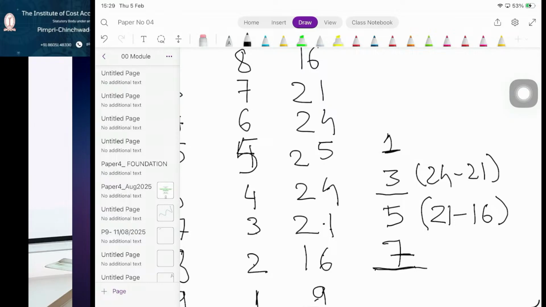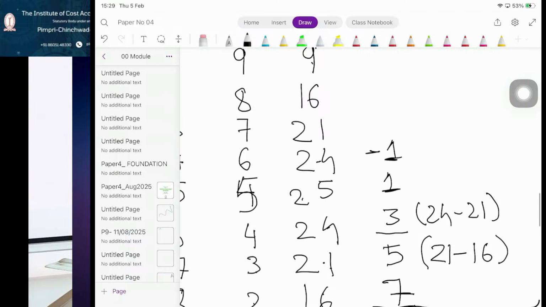Revenue from the 6th unit: from 25 it has gone down to 24. So 24 minus 25, if I do, I will get minus 1. Got it? Then what will it be for the 7th unit? 21 minus 24, it will be minus 3.